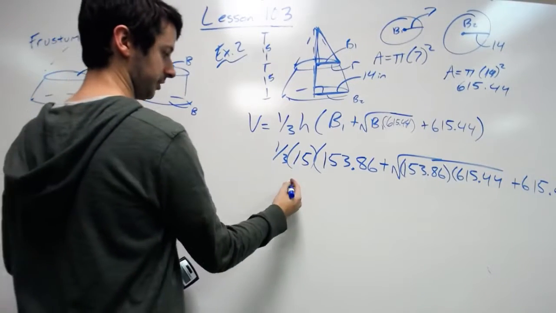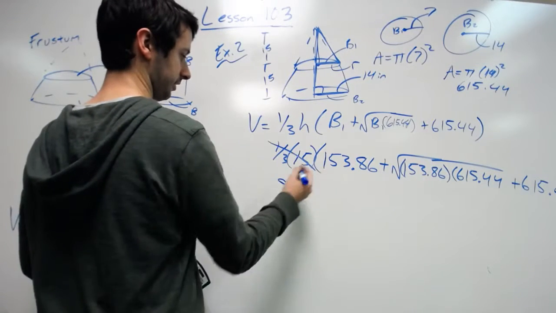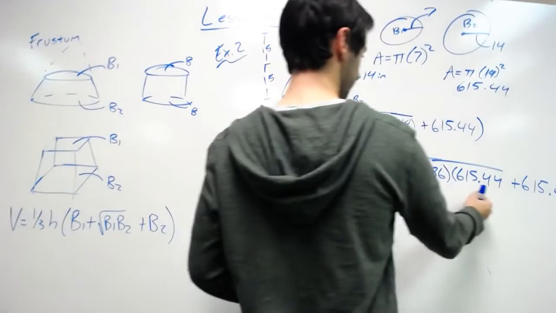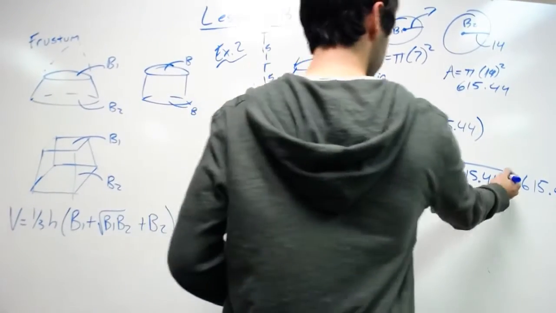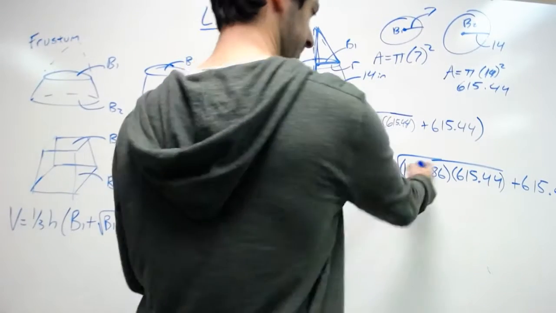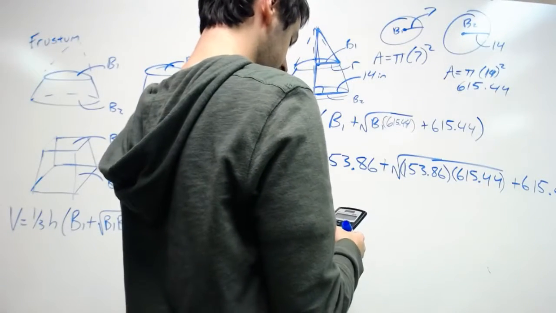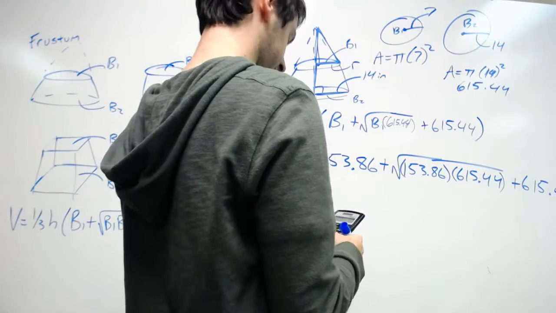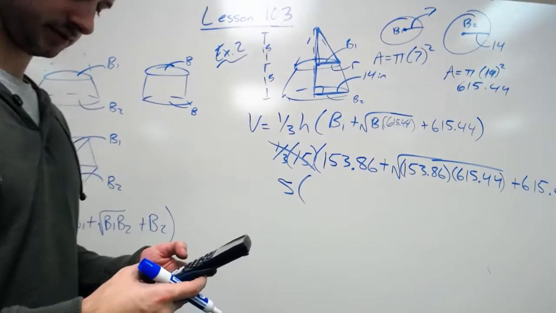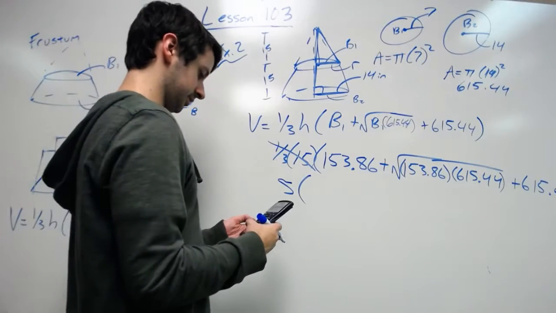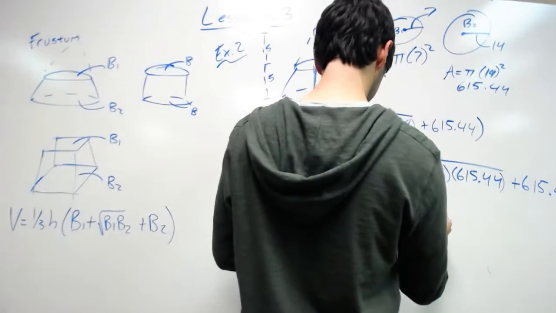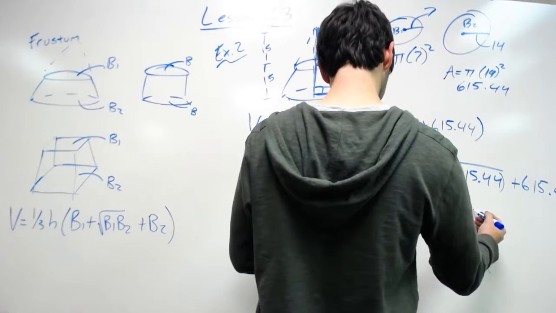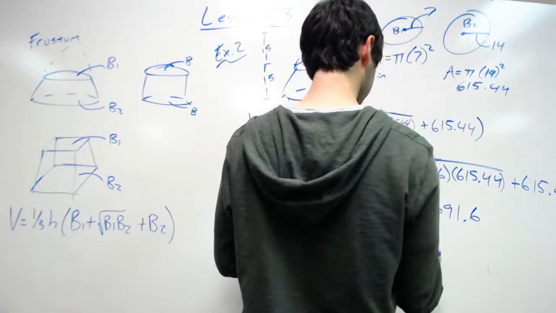1/3 of 15, I'm going to go ahead and label that as 5. Cross that out. Now, I have to solve inside the square root first. Think of that like a parentheses. So first I'm going to multiply 615.44 times 153.86, which is a big number, 94691.6.